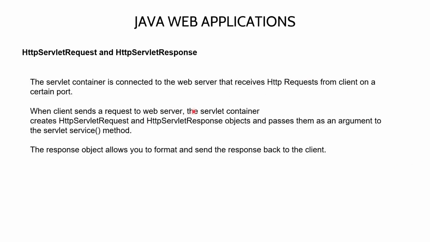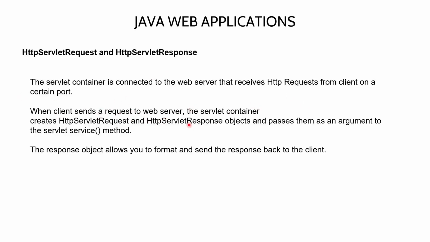So just like we saw in the servlet, we have HTTP requests, and we also have responses, and they are objects that are part of the servlet. So a servlet container is connected to that web application server and receives HTTP requests from a user or a web browser client on a certain port.